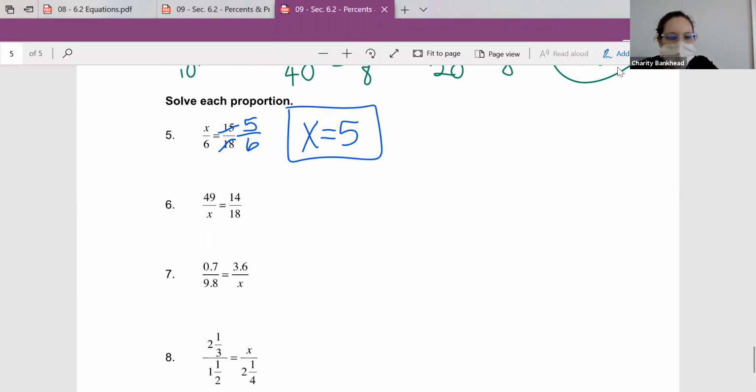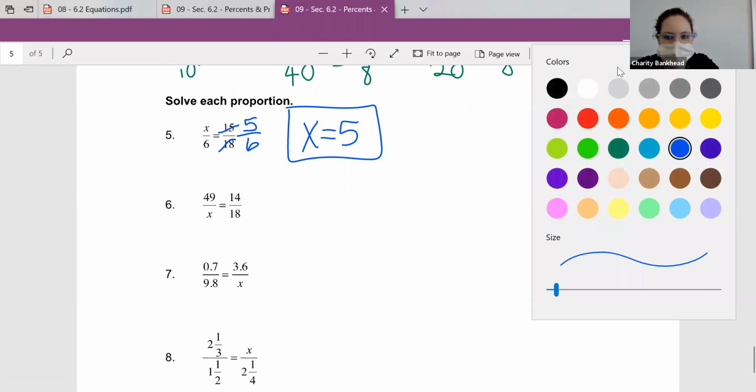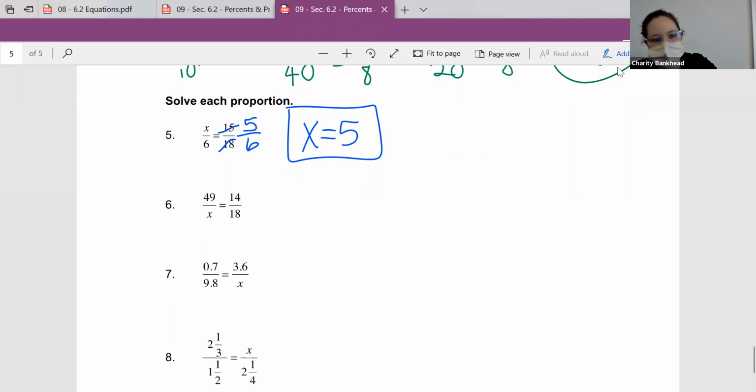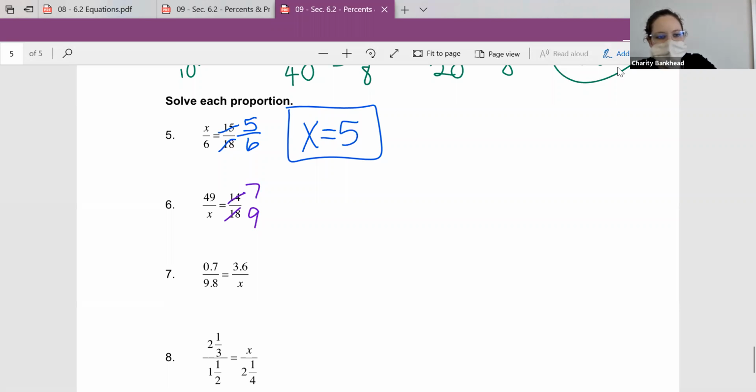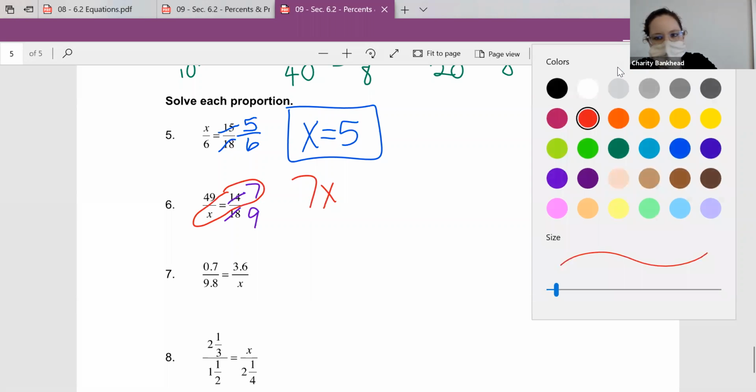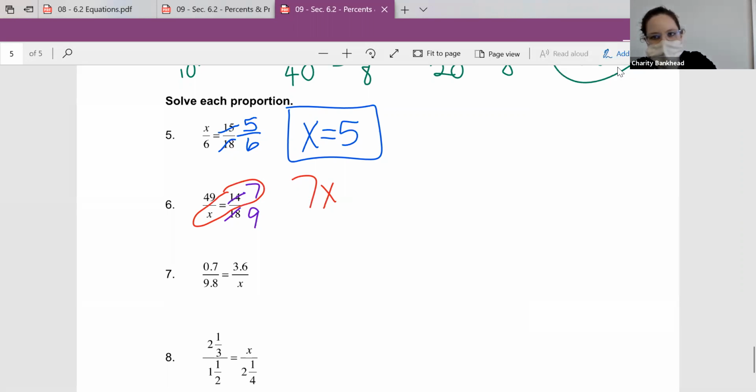All right. We can also reduce 14 over 18 because 2 goes into 14 7 times and 2 goes into 18 9 times. So I'm going to go ahead and do the actual cross multiplying this time. All right, so x times 7 is 7x. So 7x equals, and then 9 times 49.